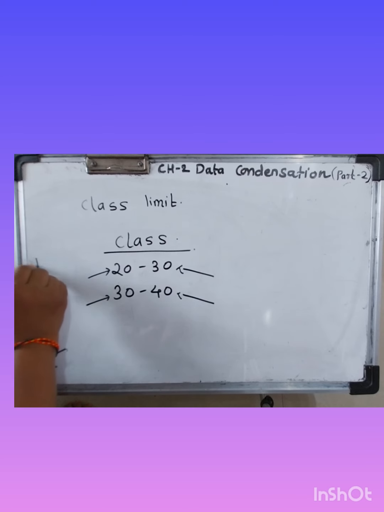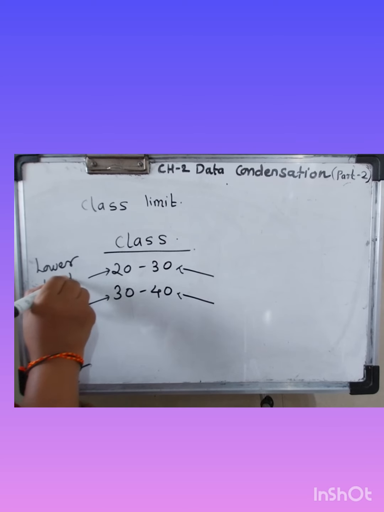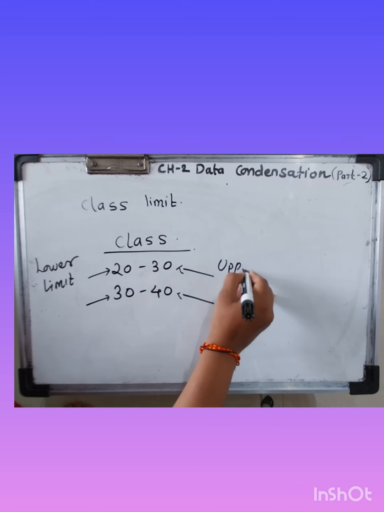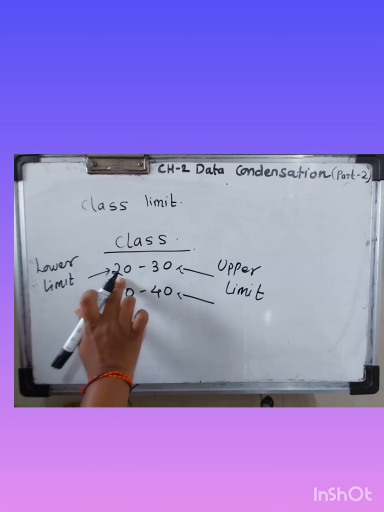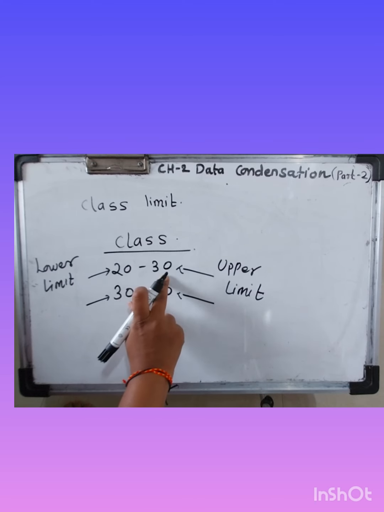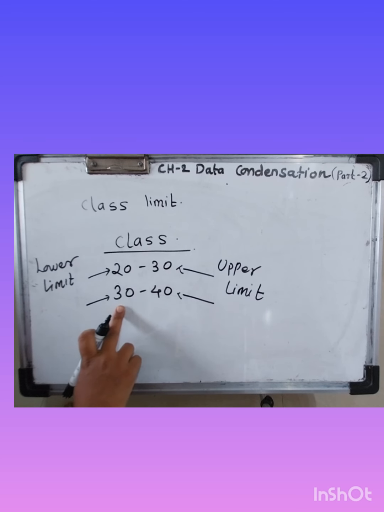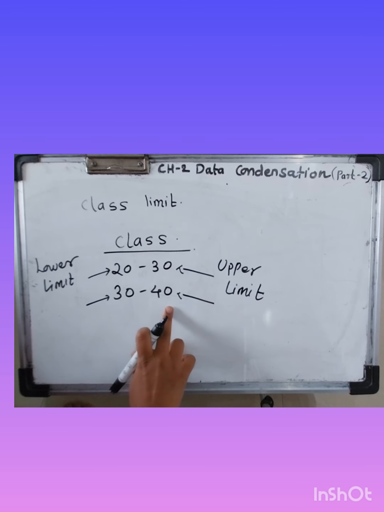We call it a lower limit, and this is the upper limit. It's very simple. Lower limit of the first class is 20 and upper limit of the first class is 30. Second class lower limit is 30 and upper limit is 40. It is simple.